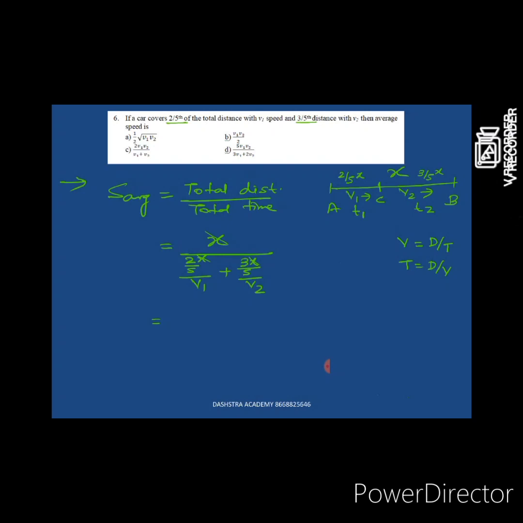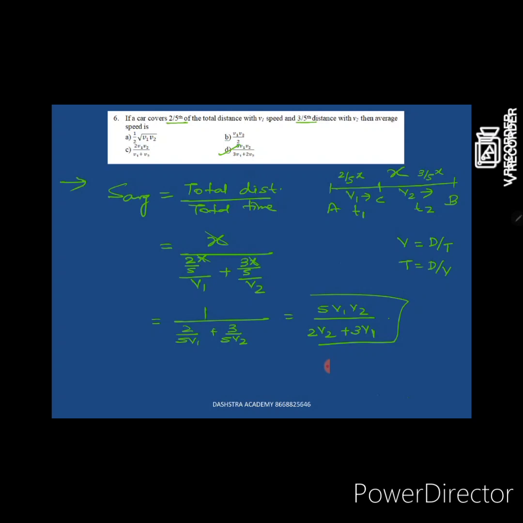So this will become 1 divided by 2 by 5 v1 plus 3 by 5 v2. By taking the LCM, I can write 5 v1 v2 divided by, this will get cross multiplied, 2v2 plus 3v1. That's it. This should be my correct answer. That is option D is right.